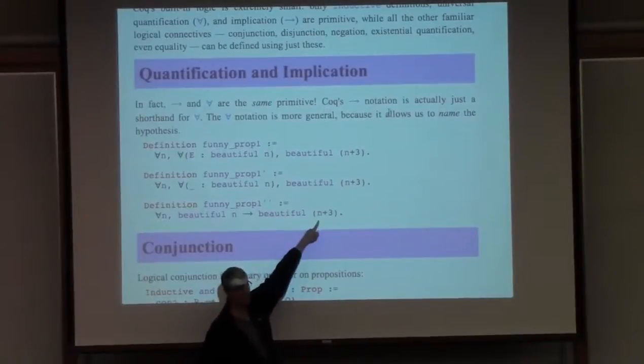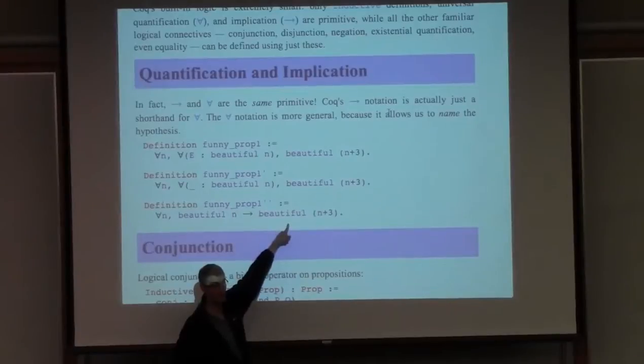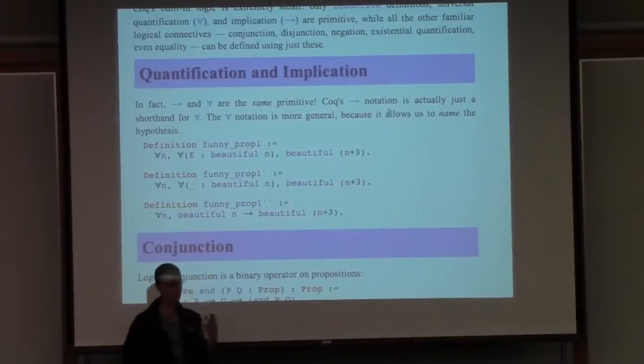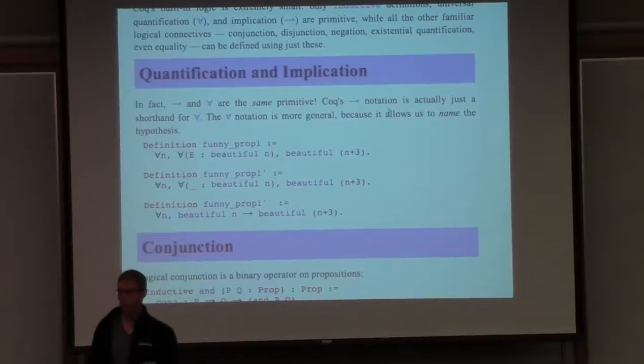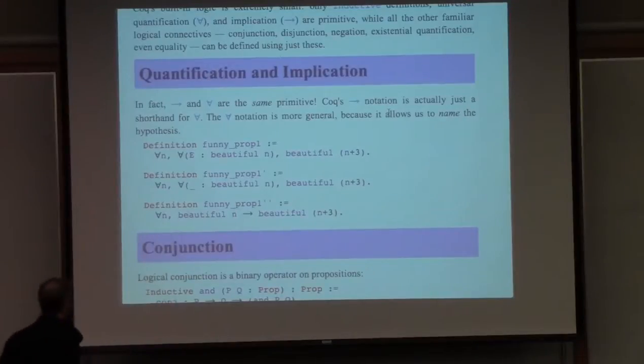We use the name n, but we don't use the name of this evidence in the type of the returned evidence. But we could still give it a name. We could call it E, for example. Or we could use the special underscore pseudo-identifier that says, I'm binding a variable here, but I don't care to give it a name because I don't need to use it later.